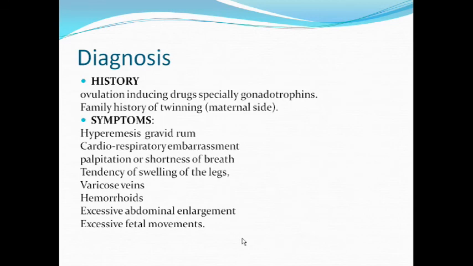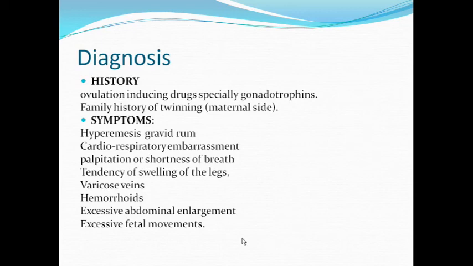Now coming to the diagnosis, how will you diagnose? So you have to take the history. If there is a history of ovulation inducing drug, especially gonadotropin, clomiphene, anything. Family history of twinning on the maternal side, you should take the detailed history.